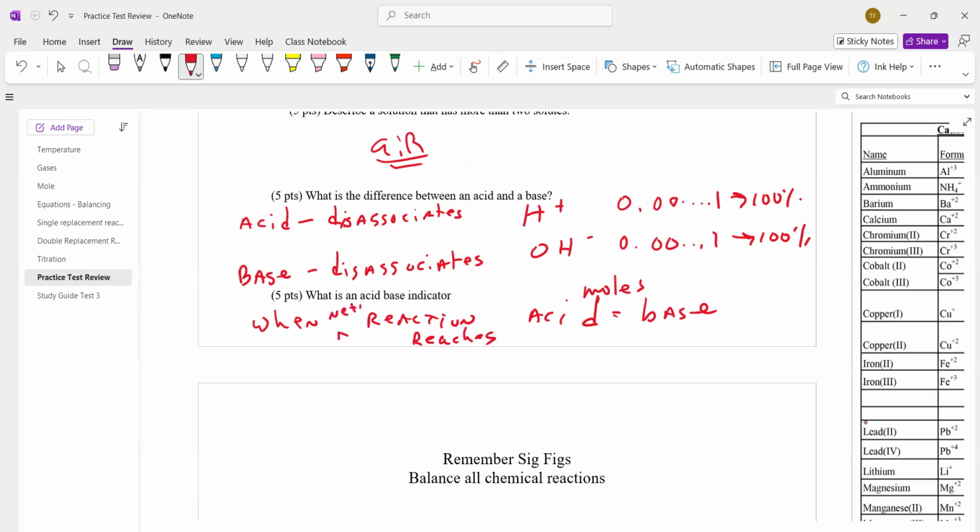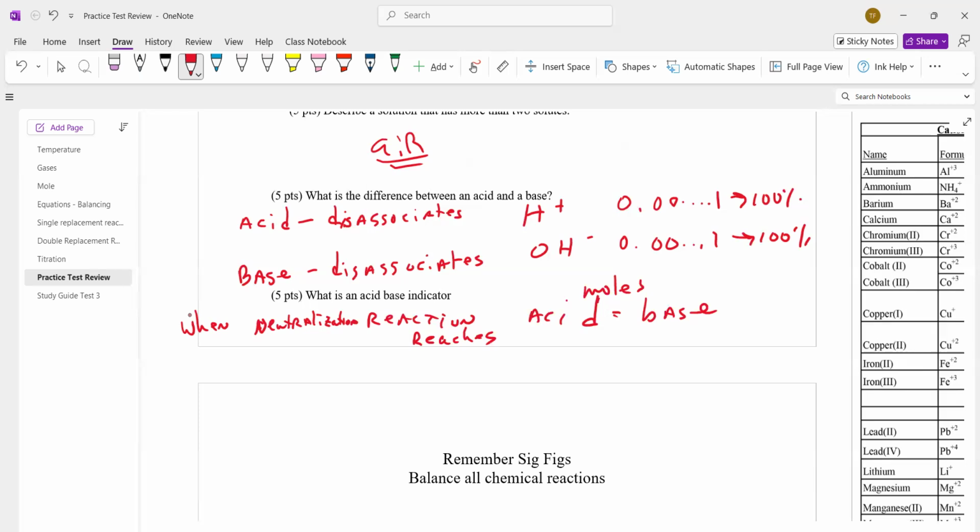Neutralization. Neutralization reaction reaches acid equals base.